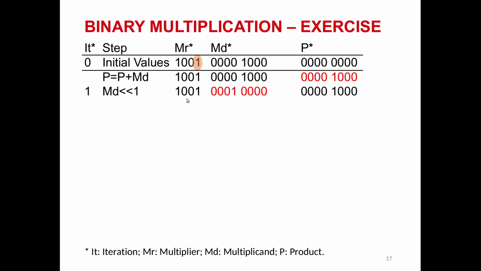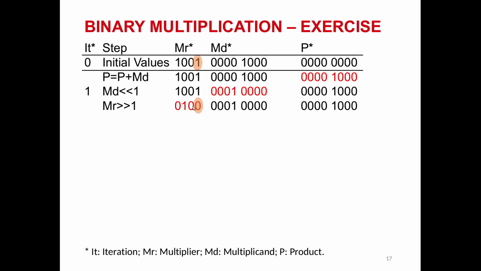No change in multiplier and product at this step, and then multiplier needs to be shifted 1 bit to the right, and so this bit with value 1 will be removed, and so it will be 0 0 1 from the right, and then 1 more 0 will be inserted into the left.